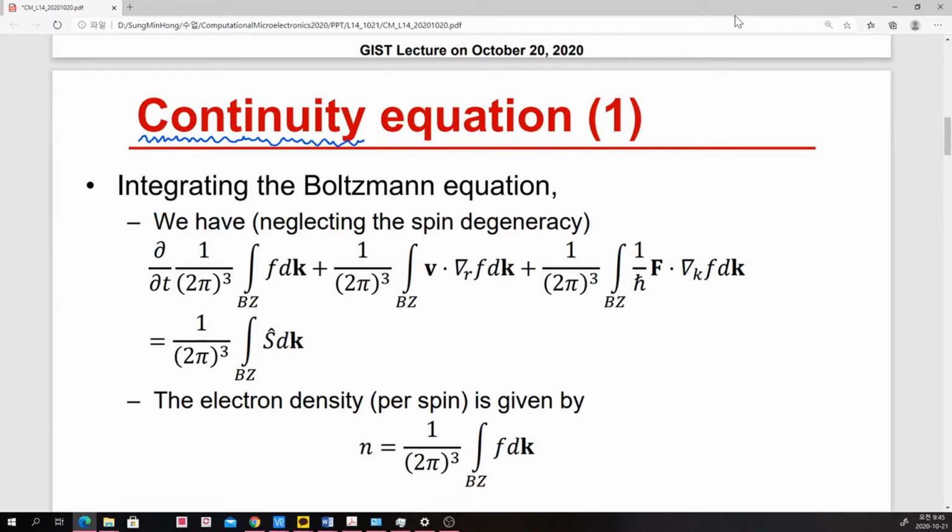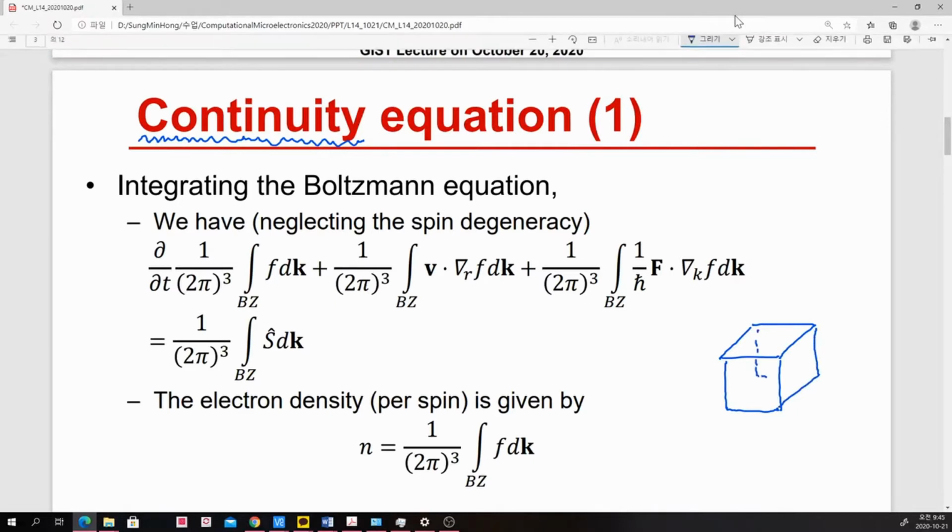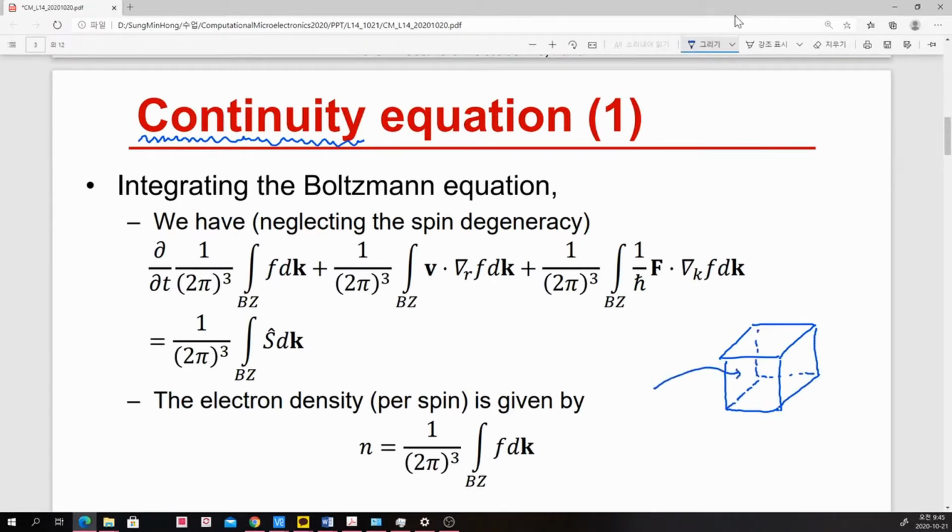Electron density, in a rough sense, we can define it. Think about a certain small volume, and think about the total number of electrons inside this small volume.